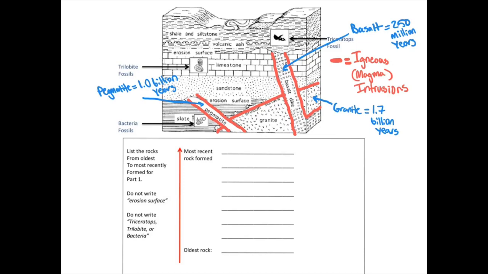So given that the slate is the bottommost layer, and the granite intrusion is cutting through the slate, we know that the slate is the oldest rock, and the granite is the next oldest.